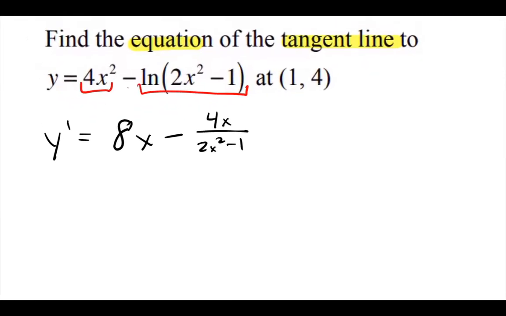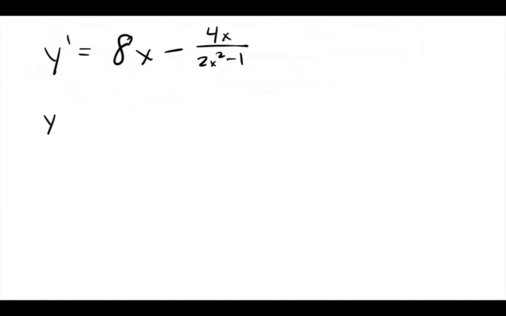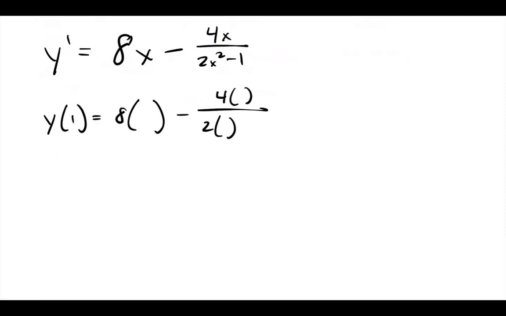Okay, so once I find the derivative, what do I got to do now? Find the slope, right? Slope at (1, 4), at that point. So I plug in 1 everywhere there is an x.